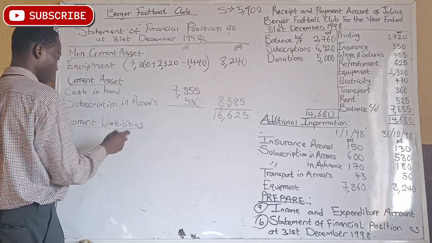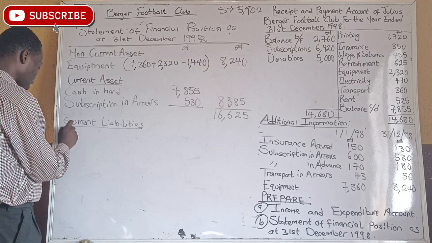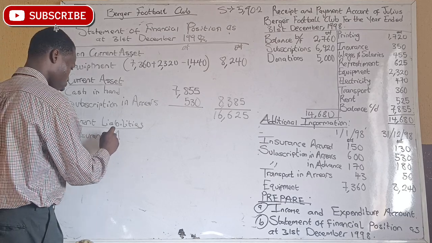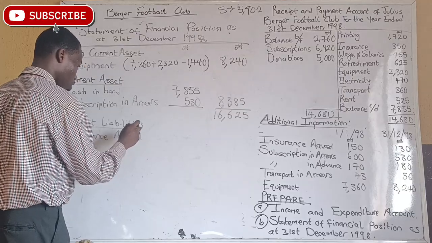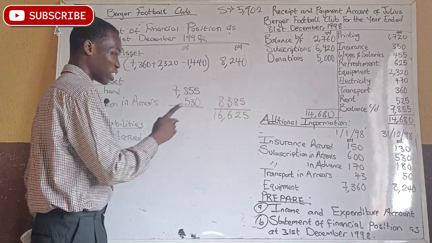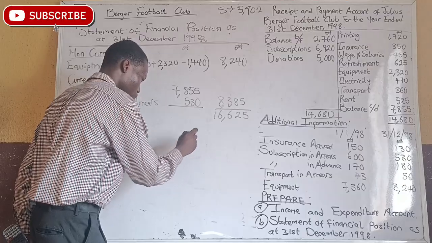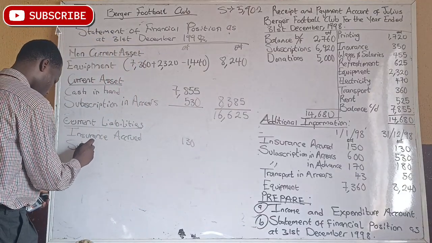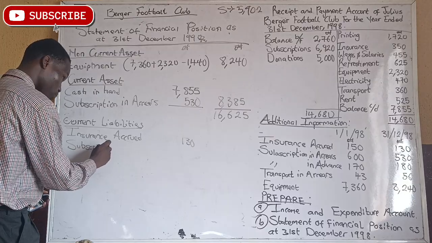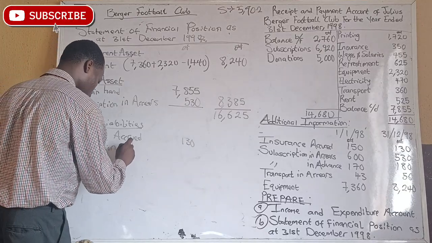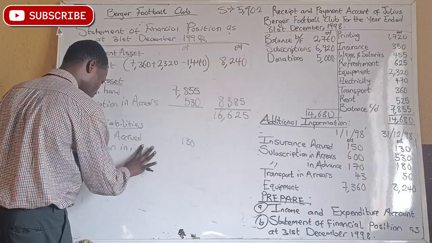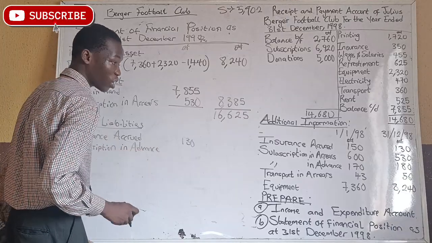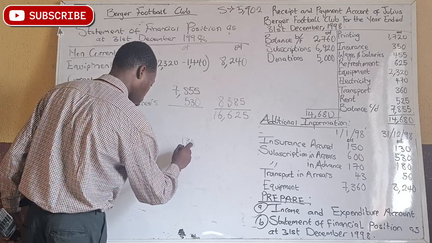So less current liabilities. For current liabilities, we are starting with insurance accrued, that is 130 at the end. After that, we have subscription in advance, sorry, in advance. So for in advance, we have 180.